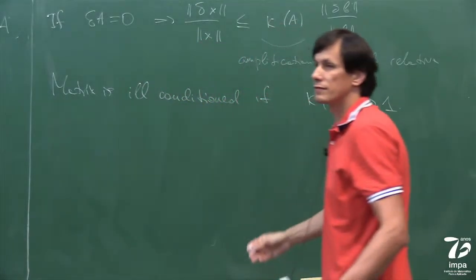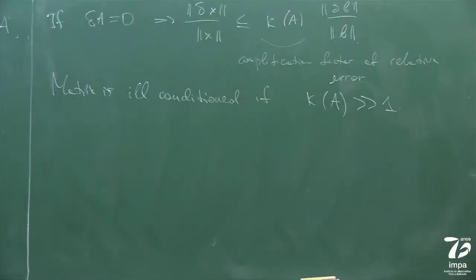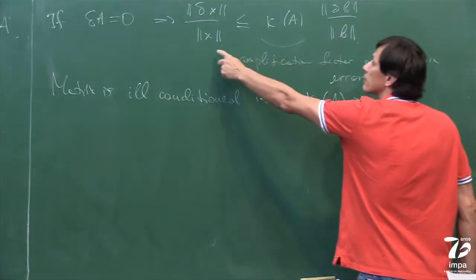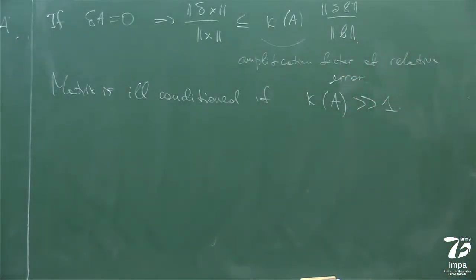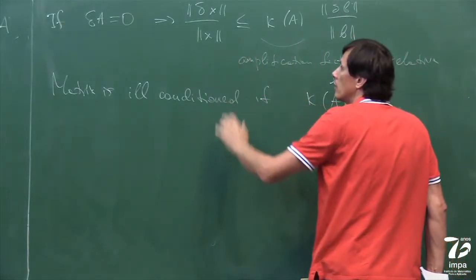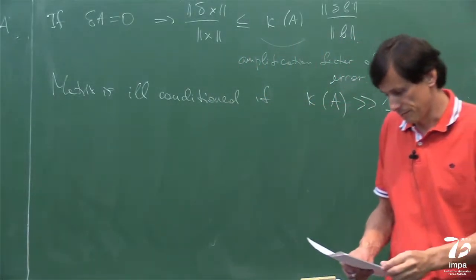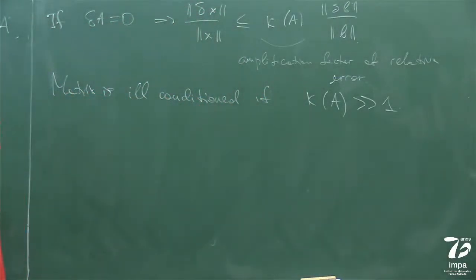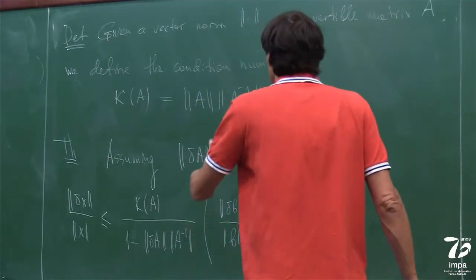So if the condition number is very, very large, even if you put a small error as an input, you will get a much larger error as an output. And in some cases, this number can be tremendously large, like millions or more. If this happens, it's a problem because a small error can lead you to results that make no sense. So that's why this condition number is important. It's easy to compute; at least the formula is simple.